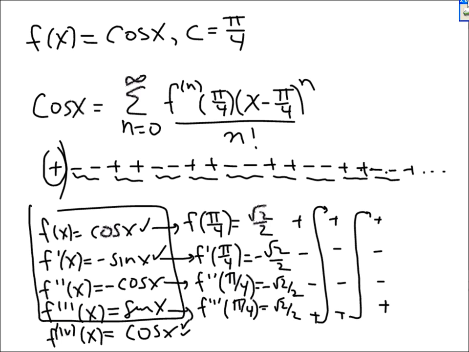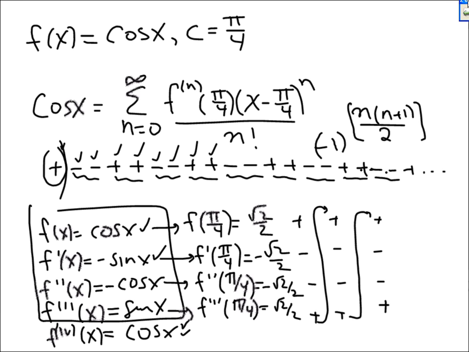Well, if you consider n times n plus 1 over 2, if you consider negative 1 to this, it's actually going to give you plus 1, minus 1, minus 1, plus 1, plus 1, minus 1, minus 1, plus 1. It gives you what we want.